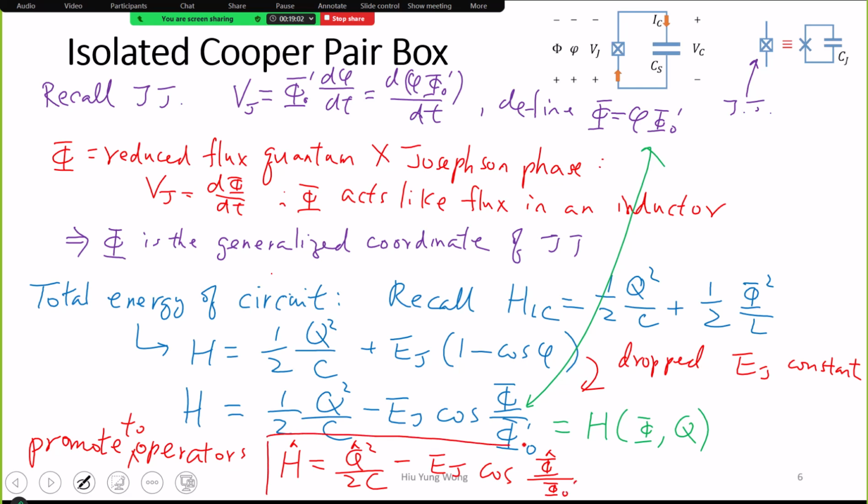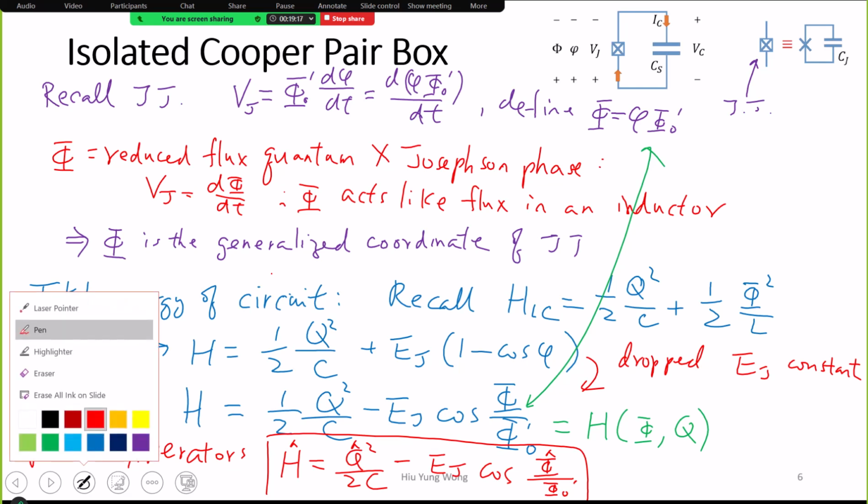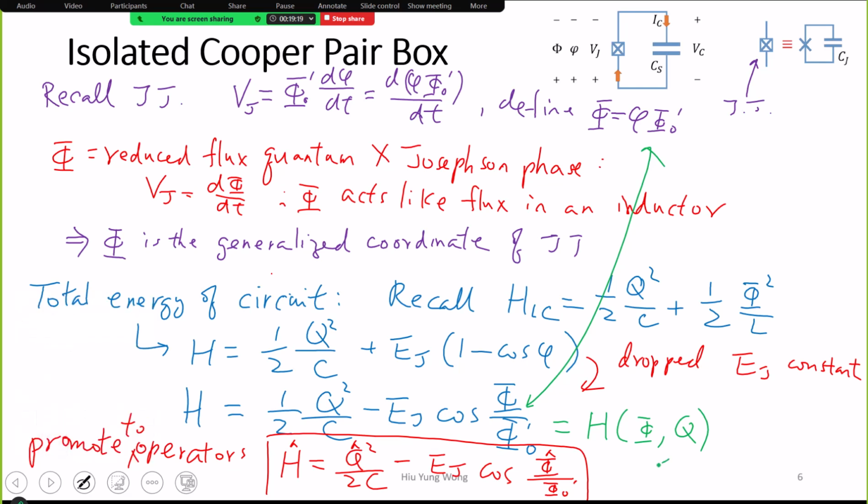And this is the equation you need to solve. And naturally, if you forgot, what is the commutation relationship between these two guys, phi and Q? It's i h bar, yes. If you go for the math, then you will get a quantization.